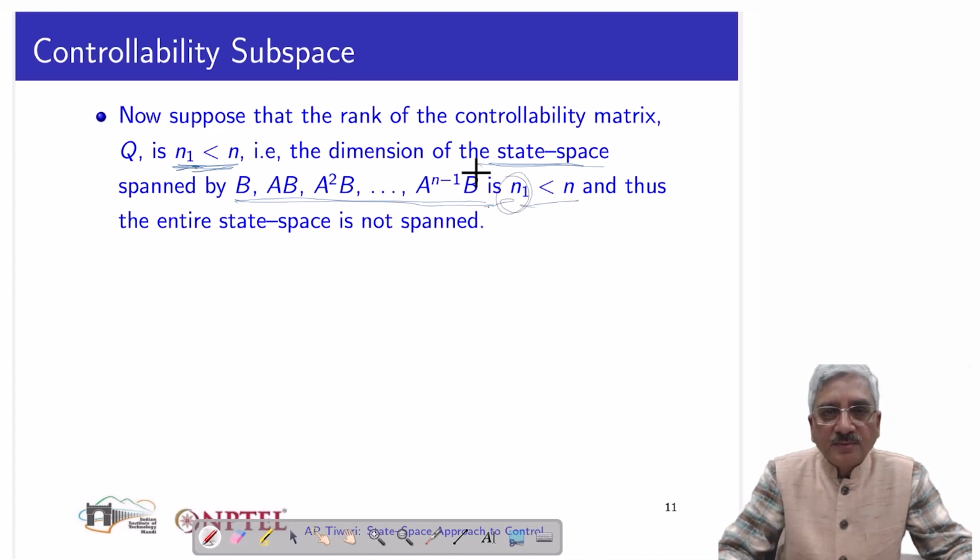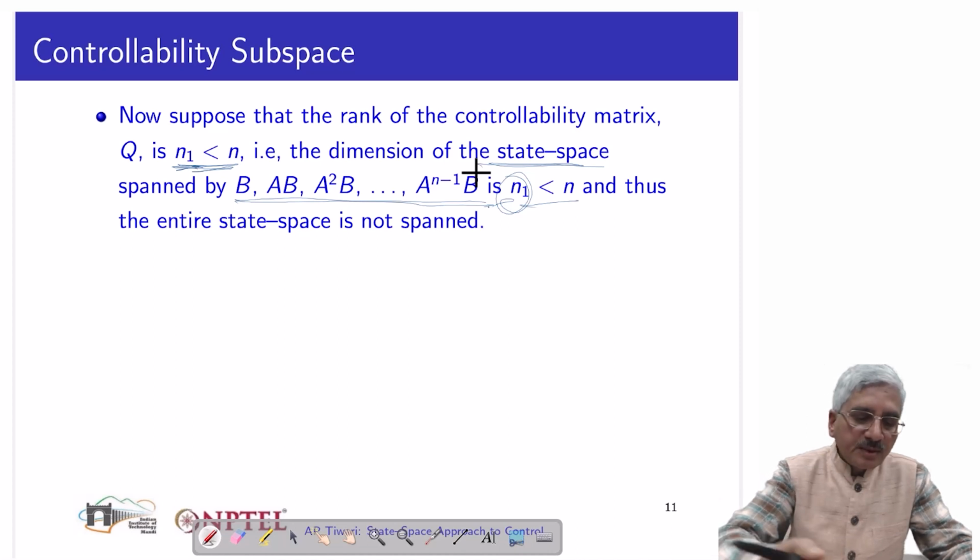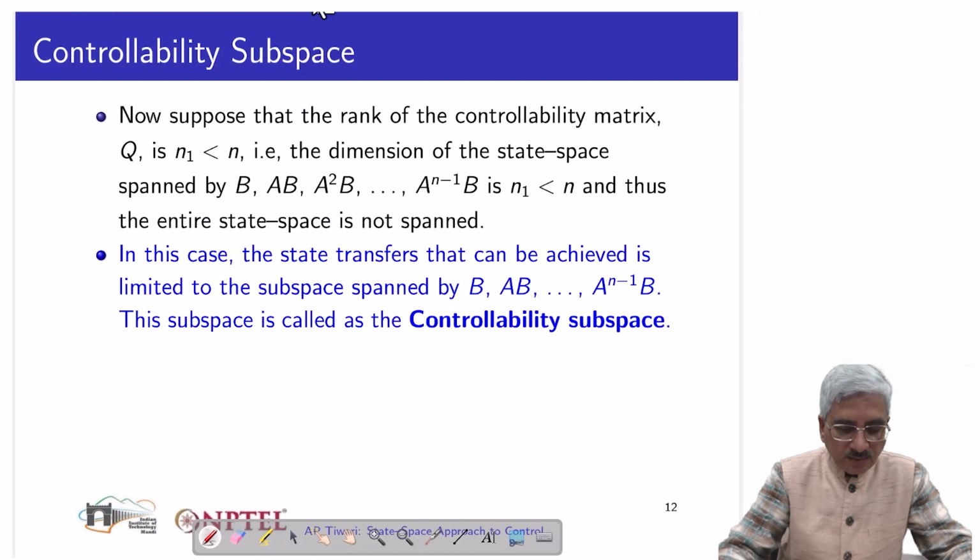And the entire state space is not getting spanned. So sometimes if the system is uncontrollable, it will not span the entire state space. It will only span a subspace of the state space. And that subspace is called the controllability subspace.